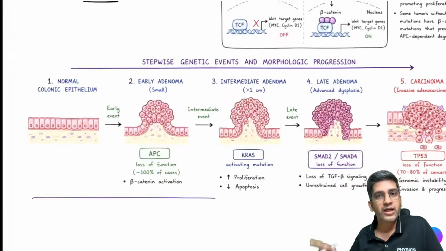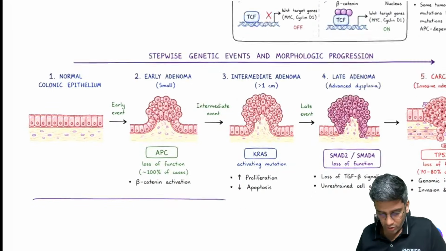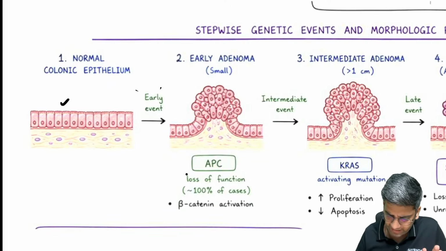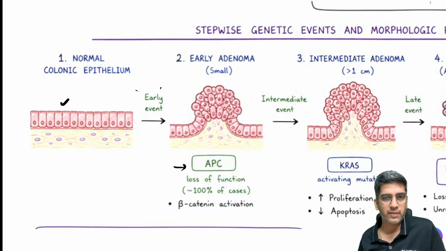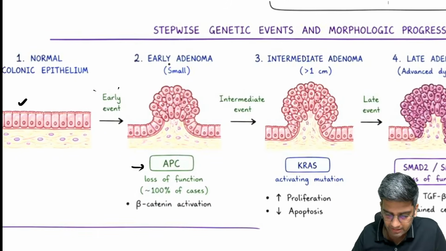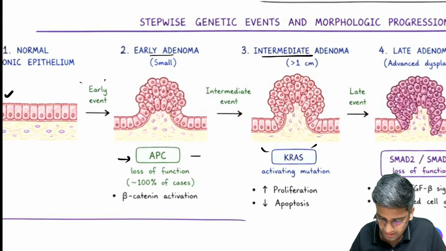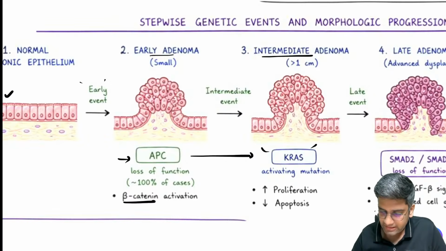Actually, you can draw this easily. It need not be artistically beautiful. A normal colon. The earliest event is a loss of function mutation of APC. Then it might be a small adenoma. Then an intermediate adenoma, a little bit bigger, with an extra mutation, KRAS. APC, beta-catenin, KRAS.